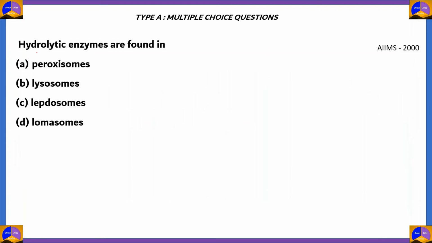Next question. Hydrolytic enzymes are found in A. peroxisomes, B. lysosomes, C. leptosomes, and D. lomosomes. So peroxisomes contain catalase, which is a reducing enzyme. So option A is incorrect. It is not a hydrolytic enzyme. Option C, leptosomes. There is no organelle known as leptosomes.